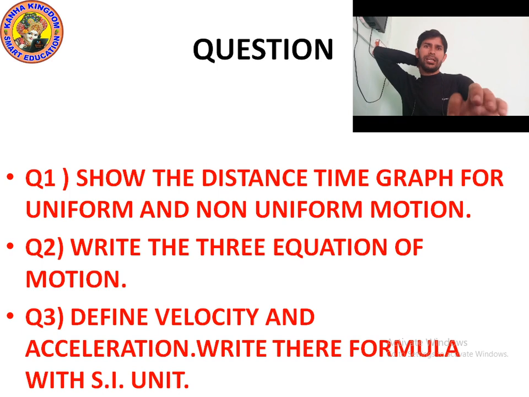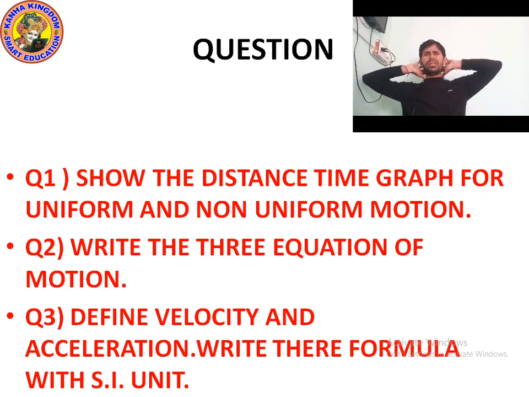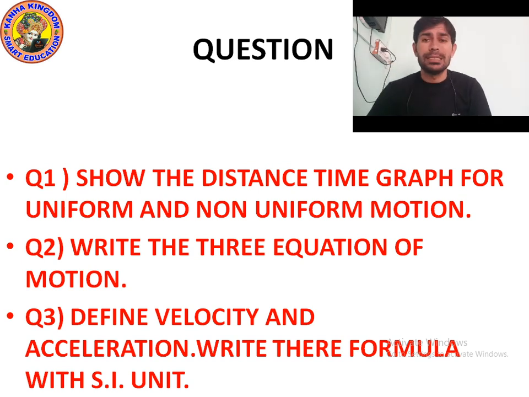Question number 3. Define velocity and acceleration. Write their formula with SI unit. What is velocity? Velocity of a body is the displacement of the body per unit time. Since velocity has both magnitude and direction, it is a vector quantity. The formula of velocity is displacement upon time.